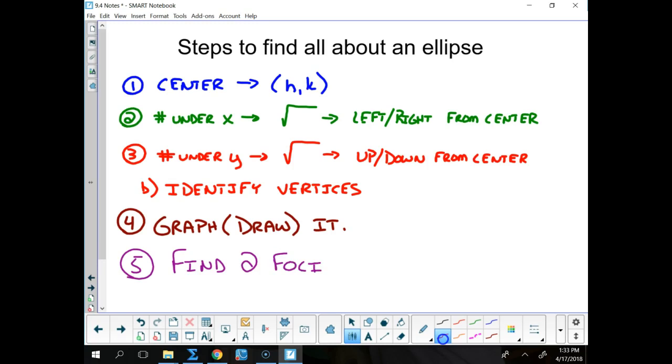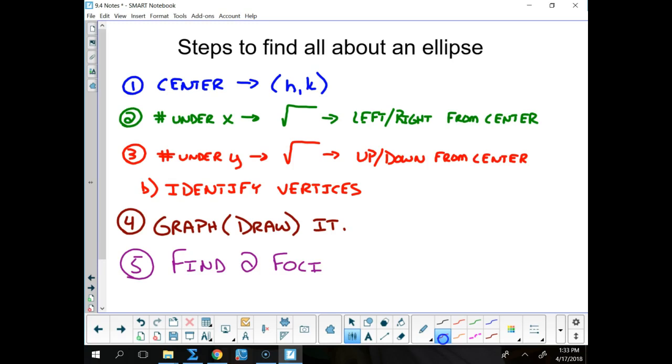And then lastly, you're going to find the two foci. And those will be inside. So the odd ones there, step 1, step 3, and step 5, all produce points. Okay? Step 1 gives you 1 point. Step 3 gives you 2 points, 2 vertices. And step 5 gives you 2 more points.